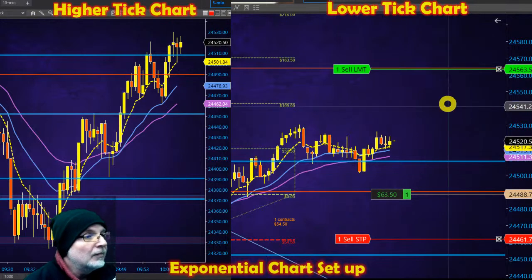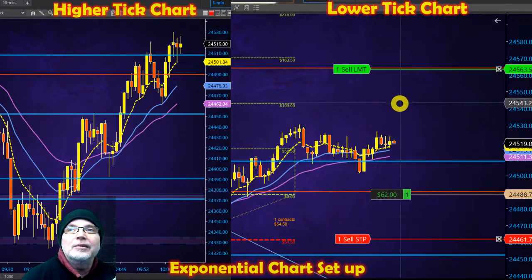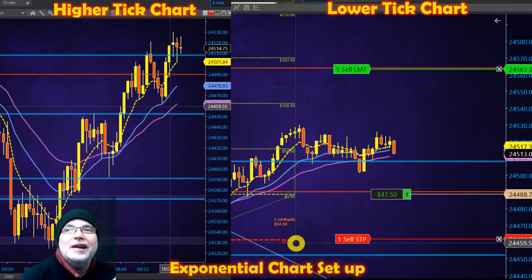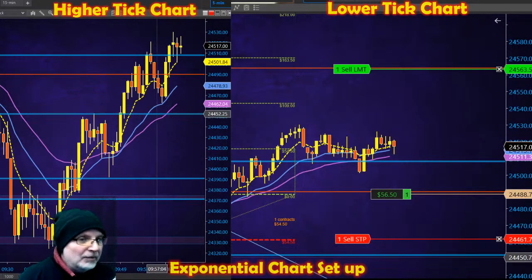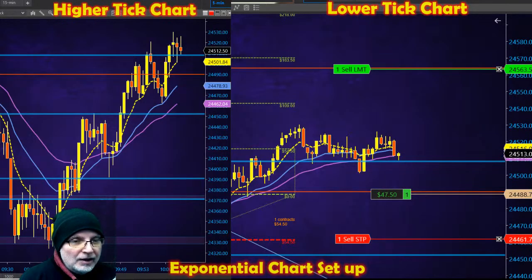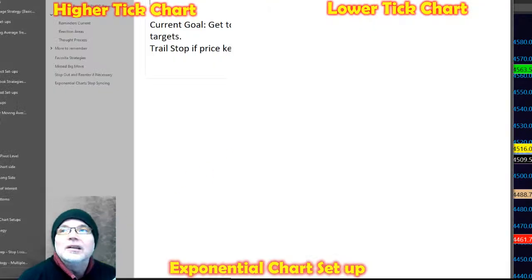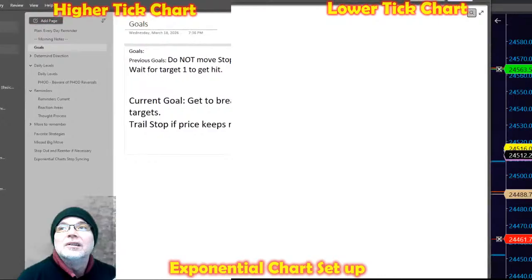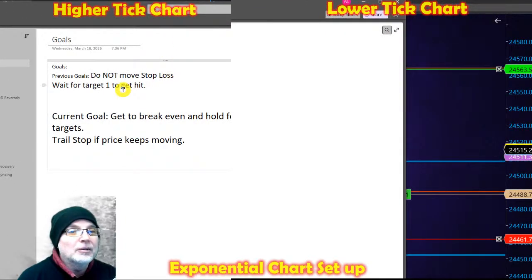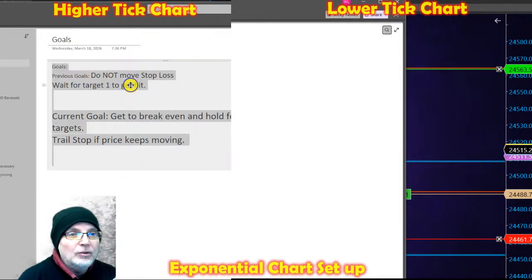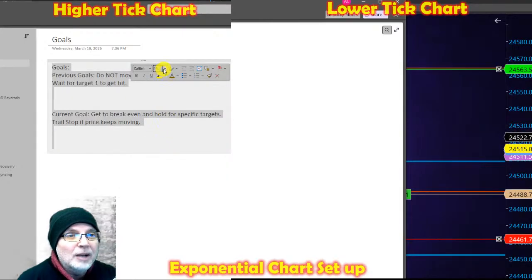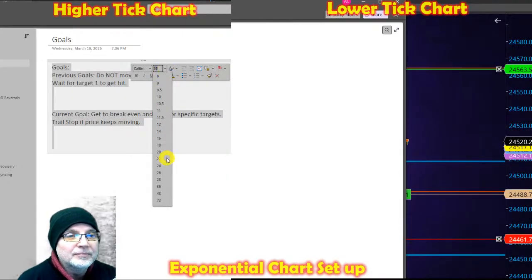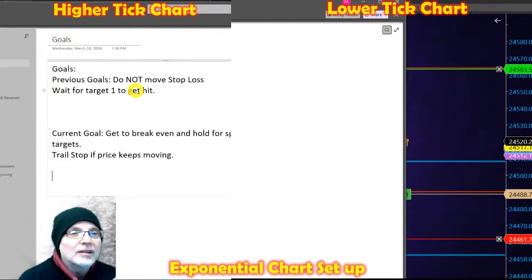Come on. I definitely want to hit that target, that red line at least, and if it doesn't get that, I'm not going to get out early. That's my goal. My goals are very specific right now, and I've already accomplished the previous goal, which was: do not move stop, wait for target 1 to get hit.